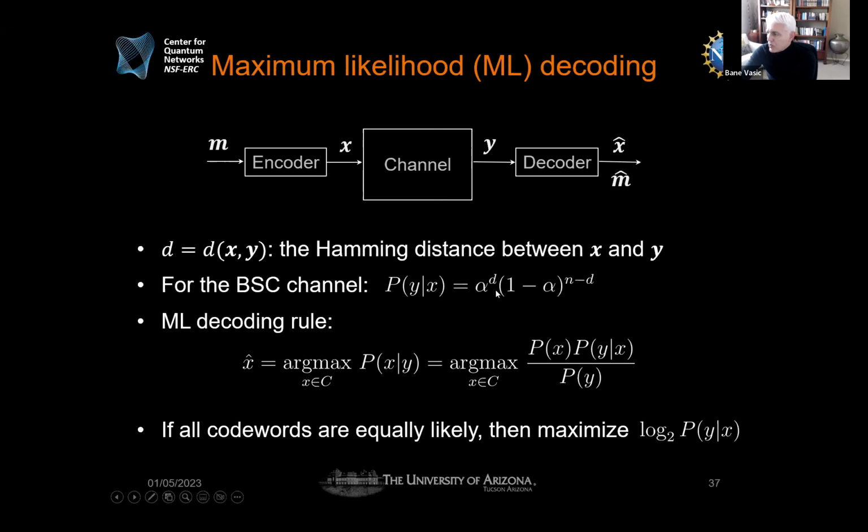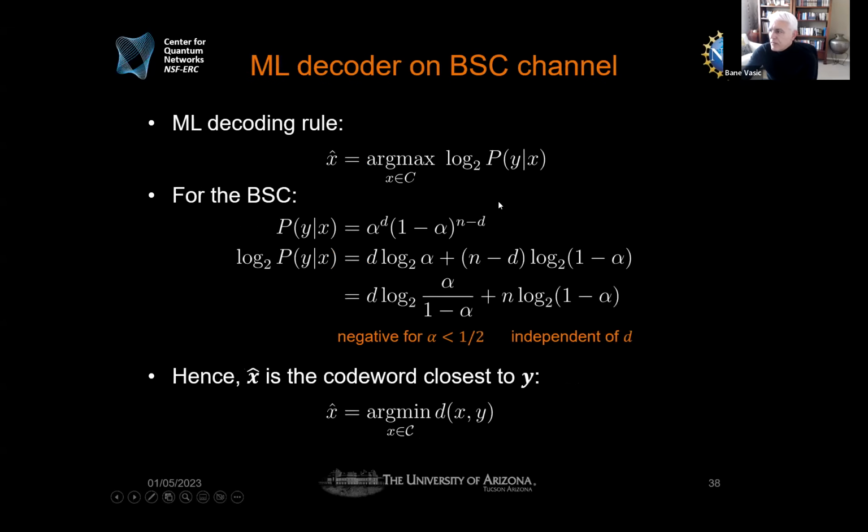So remember what the conditional probability is. Again, I'm rewriting what I'm trying to find. I take the logarithm of this conditional probability, and I need to find X that maximizes it. Since the probability is this, when I take the logarithm, you see that we have two terms.